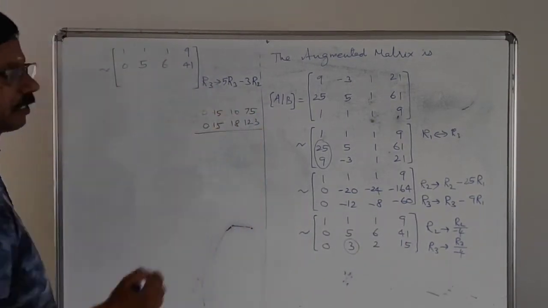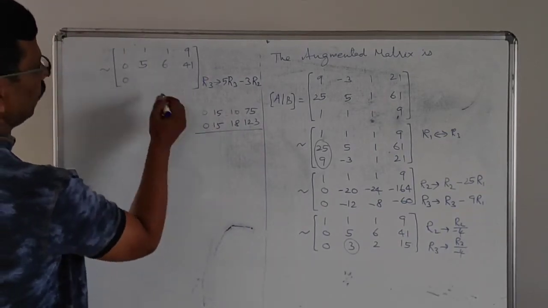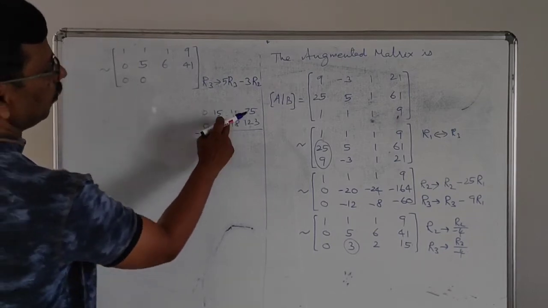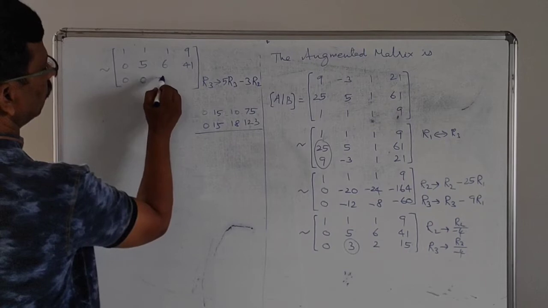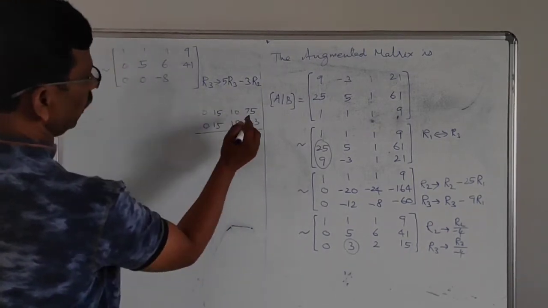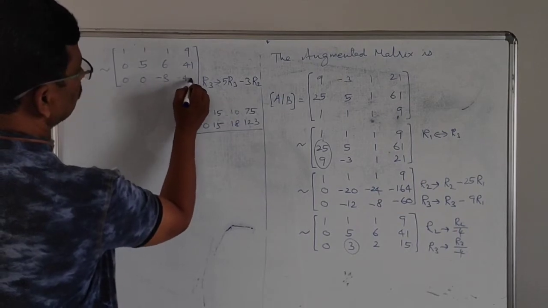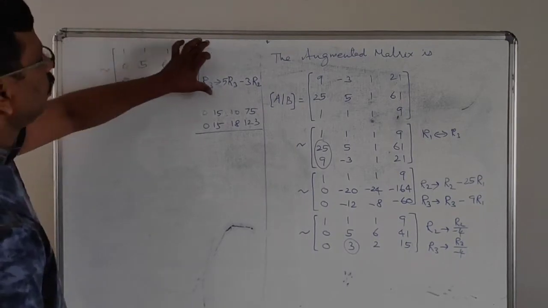Now you have to subtract. By subtracting, 15 minus 15 gives 0. 10 minus 18 gives minus 8. And if you subtract this one, you will get 75 minus 123, which is minus 48.